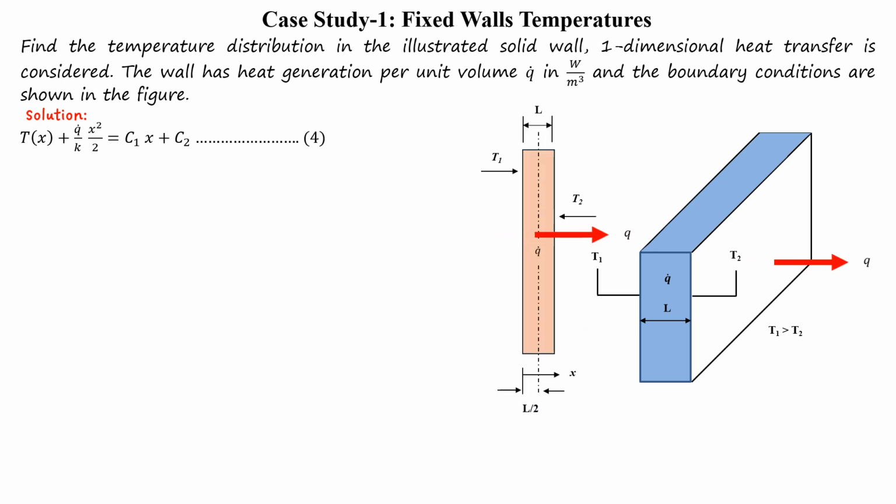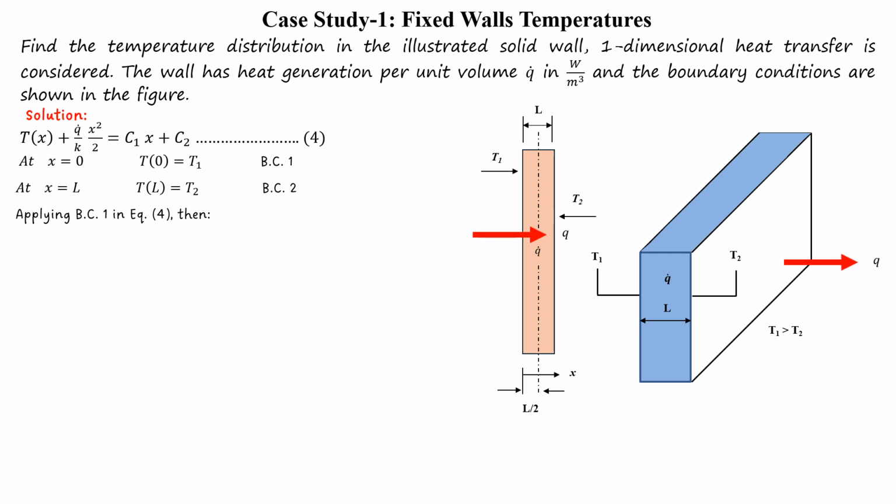This is another form, just to show schematically how heat transfer occurs through this wall. Q is usually perpendicular to the surface area of the wall. The first boundary condition: when x equals 0, then T at 0 equals T1. This is boundary condition number 1. The second one, on the other face of the wall where x equals L, is that the temperature equals T2.